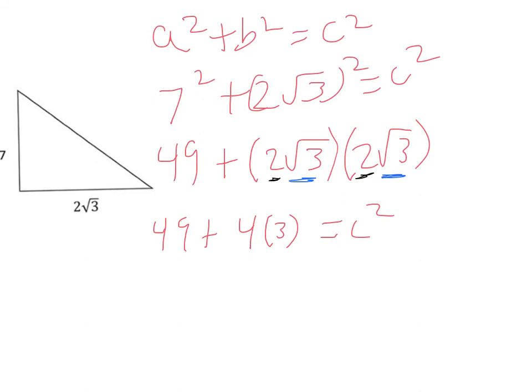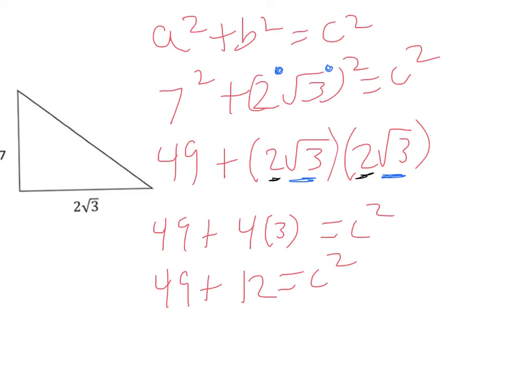So when you square radicals, you square the first number, and you square the radical here. So here we have 49 plus 12 equals c squared.